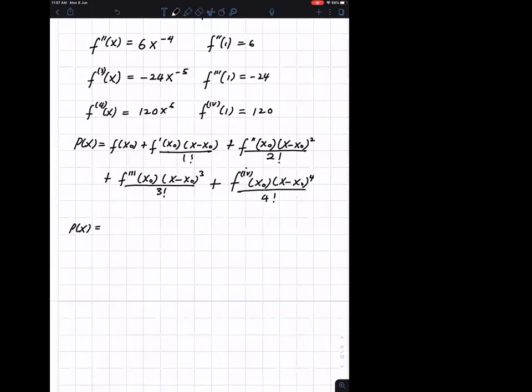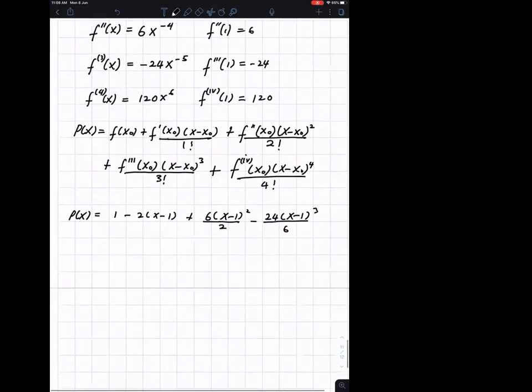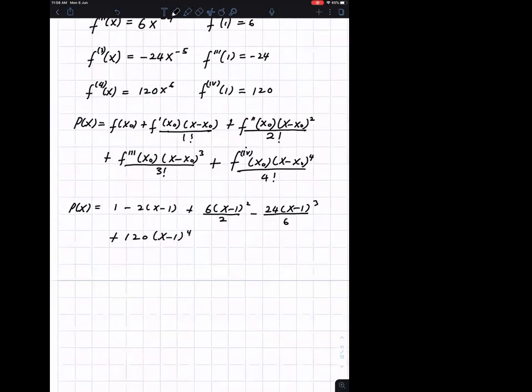So we already calculated them. So this is going to be 1 minus 2(x minus 1) plus 6(x minus 1) squared divided by 2 factorial, which is 2, minus 24(x minus 1) cubed divided by 3 factorial, which is going to be 3 times 2 times 1, which is going to be 6, plus 120(x minus 1) to the power 4.